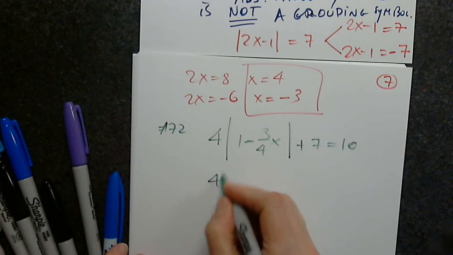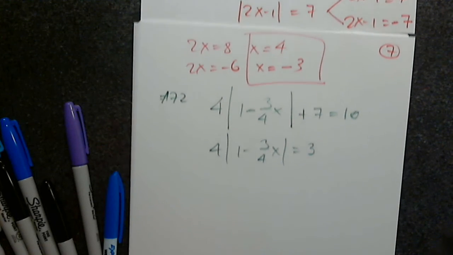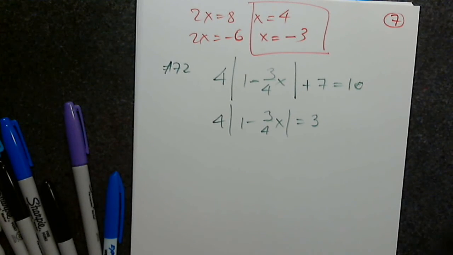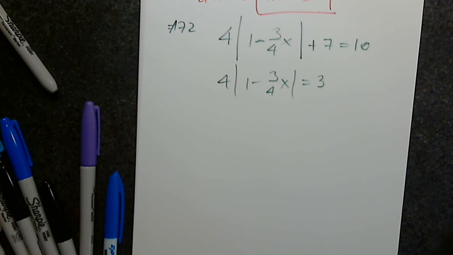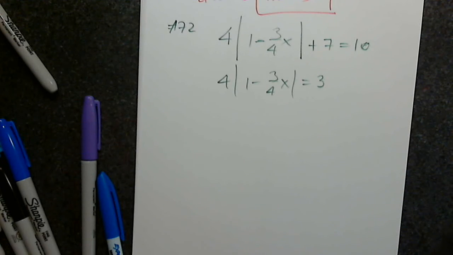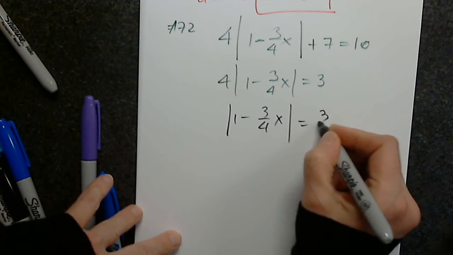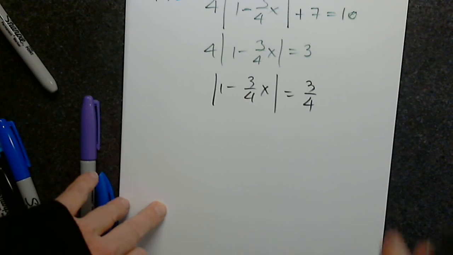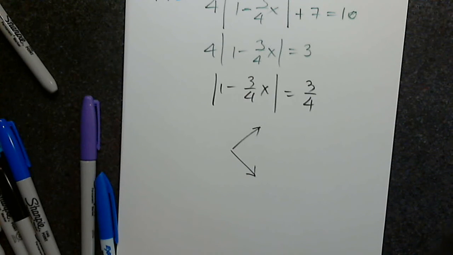Yes, indeed, that would be the first step. Can anyone give us a second step? Of course. Remember, you cannot do anything inside the absolute value. And now you'll have two options. And let me know when you find those two options.